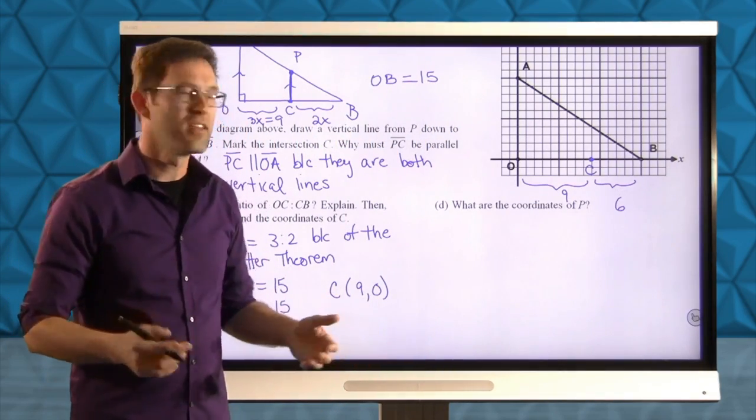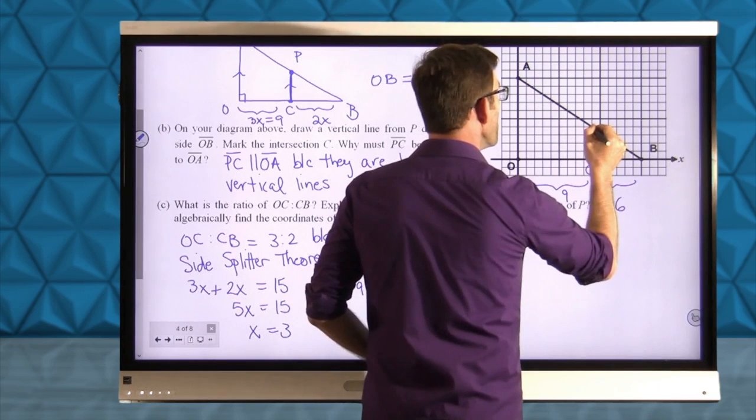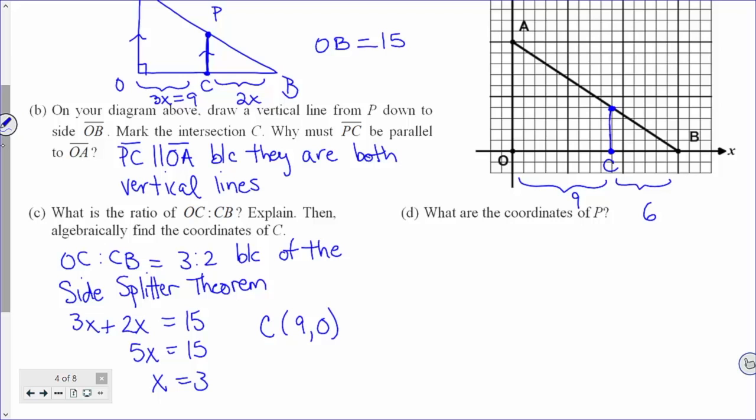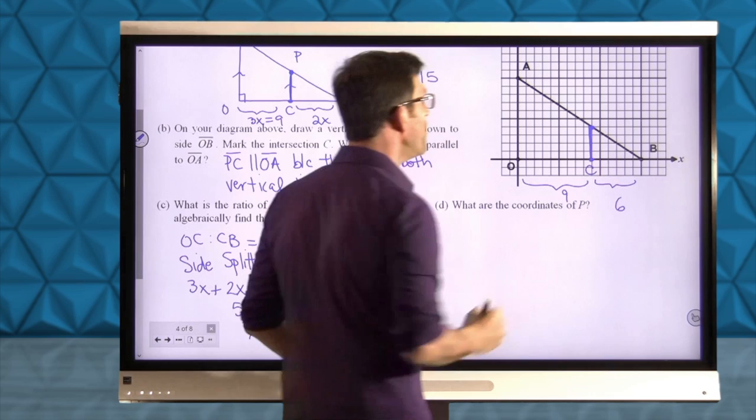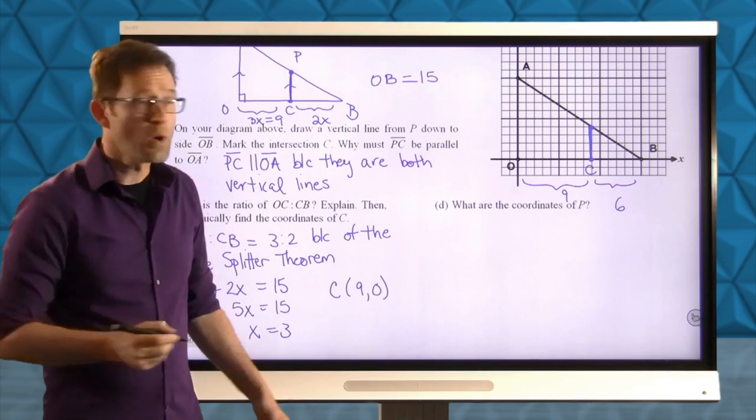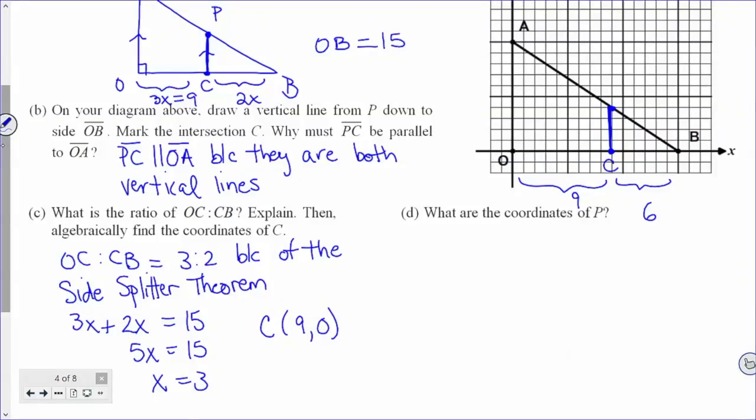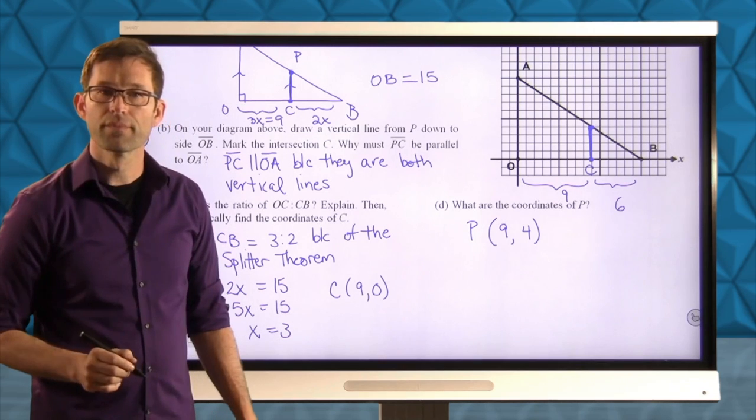Where is P? Well, P must be right here. Remember, P was just vertically above C, so I can just read the coordinates off. P now has coordinates exactly the same as C, 9, but then at a y-coordinate of 4.